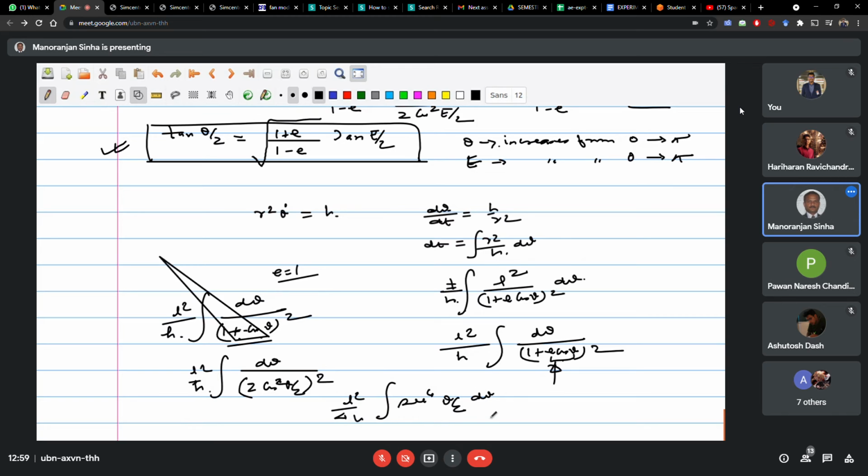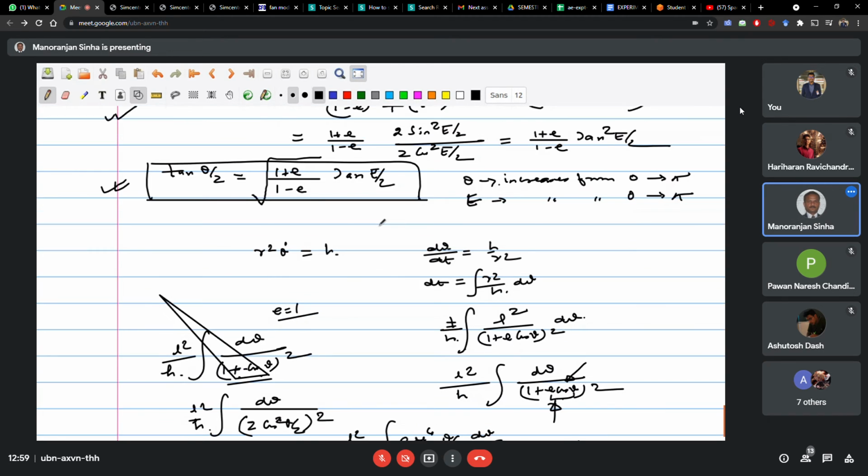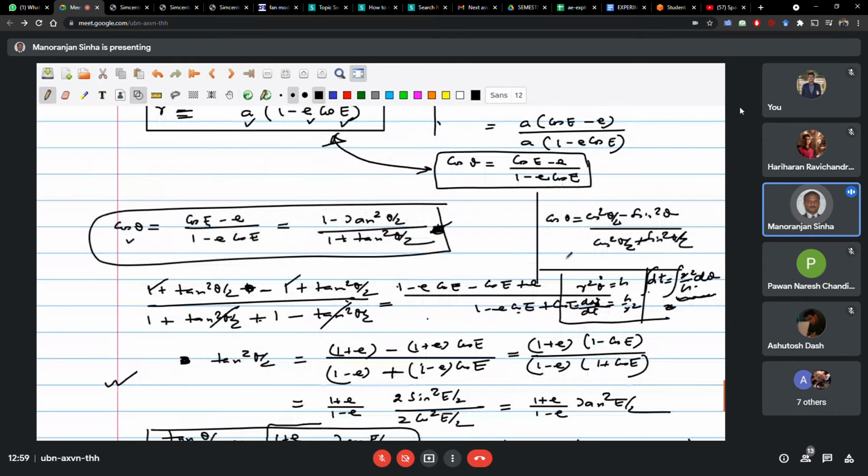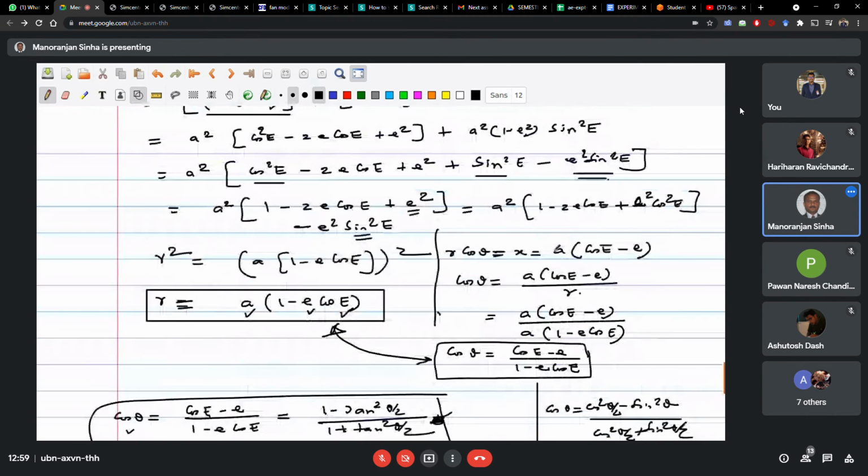This integration we can split into two parts, sec square theta by 2, which we can write as 1 plus tan square theta by 2, and then integrate this. So directly this integration is available, but not in this case, when e is not equal to 1, so we cannot directly integrate. Therefore, to work this out, we need to do all the manipulations that we have been doing in this class. So we will utilize this, and we will also use other methods to solve this problem.